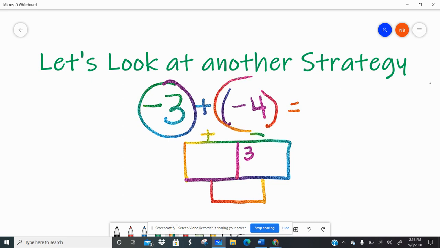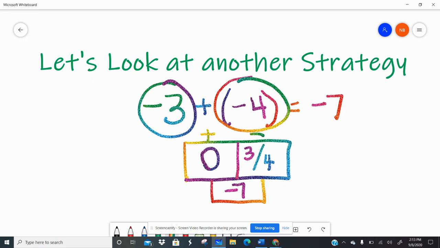And then again, the second integer, the negative team has 4 points, which means the positive team hasn't scored yet. They have 0 points. They're not on the board yet. So I'm going to look at this negative, right? I have 3 and 4, and I'm going to add the negative points together. So 3 and 4 is 7. And since they're both negative, I put a -7. So -3 plus -4 is -7.